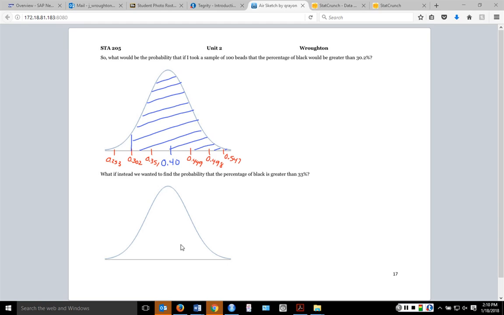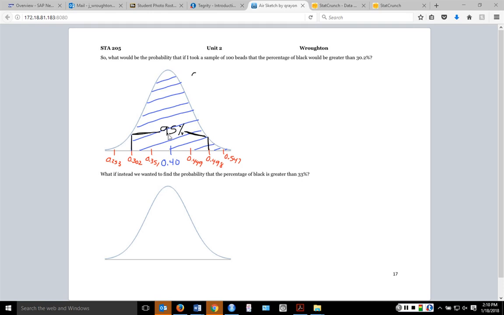Okay, so let's break this into things that I do know. I know that if I'm 2 standard deviations out, and the reason why I'm saying that is because the 30.2% is 2 standard deviations below, that I know that this piece here, that's 95%. Right, I know that from what I was just looking at, so 95% is between there and there. Now I have this big piece labeled, and I have these 2 other pieces that aren't labeled. Well, my entire picture adds up to 100%, and I already have 95% there.